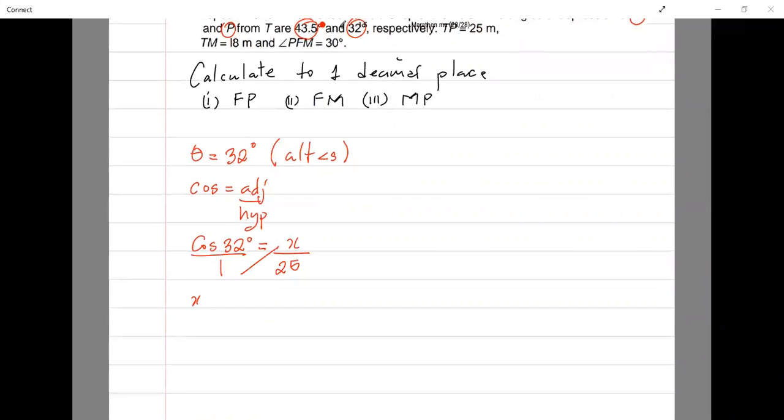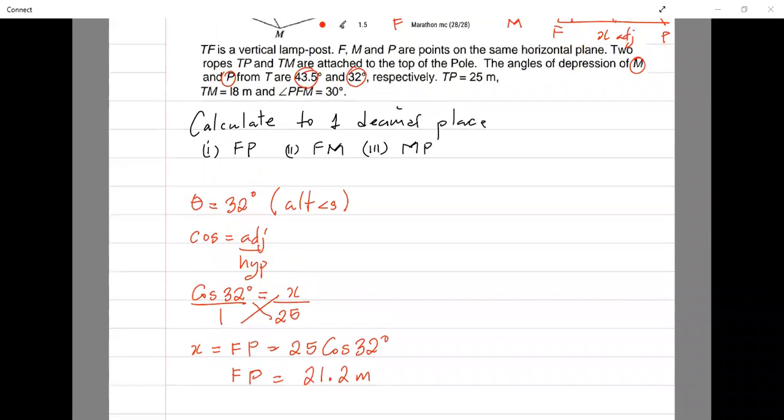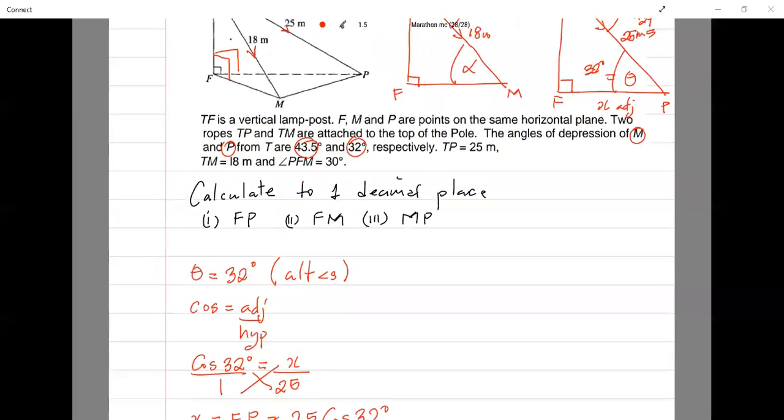So x, which is FP, is equal to 25 cosine 32 degrees, and that is equal to 21.2 meters. FP is 21.2 meters.